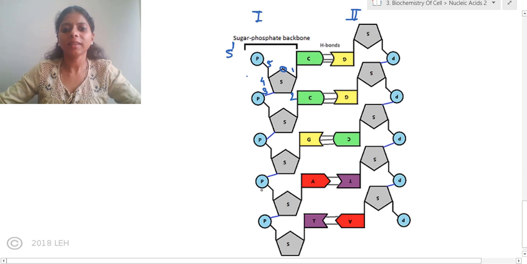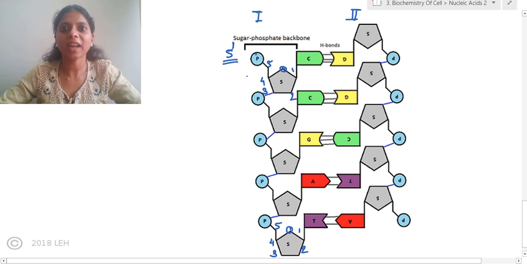Now let us consider the last nucleotide of this strand. Again, this is O, this is the first carbon, this will be the second one, this will be the third one, fourth, and this will be the fifth one. Agree? So this strand starts at the 5' carbon because it starts with a phosphate group, and the phosphate group is attached to the fifth carbon.